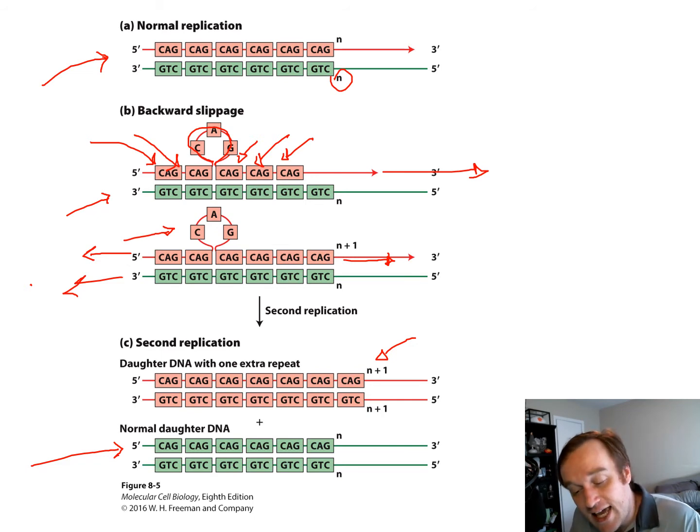But also they can cause disease, microsatellites. And so there's 14 different neuromuscular diseases that are associated with microsatellites.